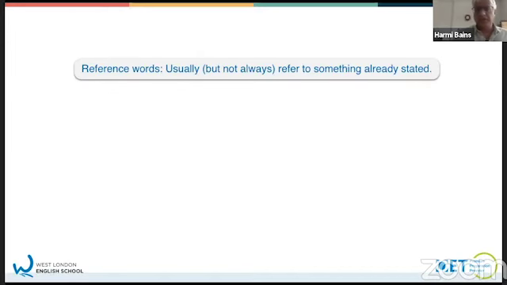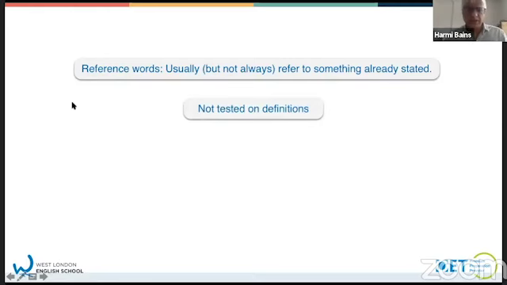Reference words are really common, and they normally go back to something which has already been mentioned in the text, as we saw today. Like I said, just be careful with OET, because you never know. Sometimes you might have to go forward. And when you do go back, you might have to go back 2 sentences or even 3 sentences. So with referencing, generally you do go back to find the answer.